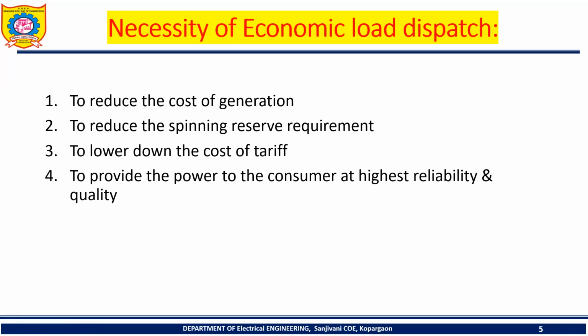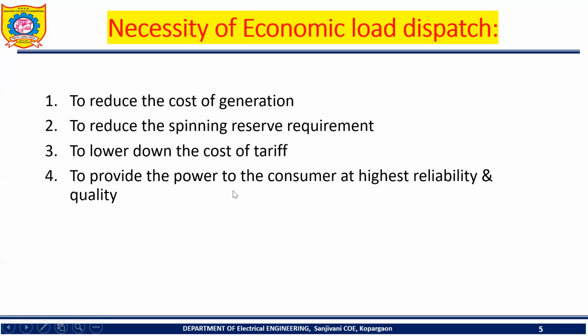If you are aiming one by one at all these aims, ultimately all the benefits should percolate to the consumer itself. When? To lower down the cost of tariff, which we are paying to the MSEB, Maharashtra State Electricity Board. Are you getting? The overall cost of tariff is going to be lowered.